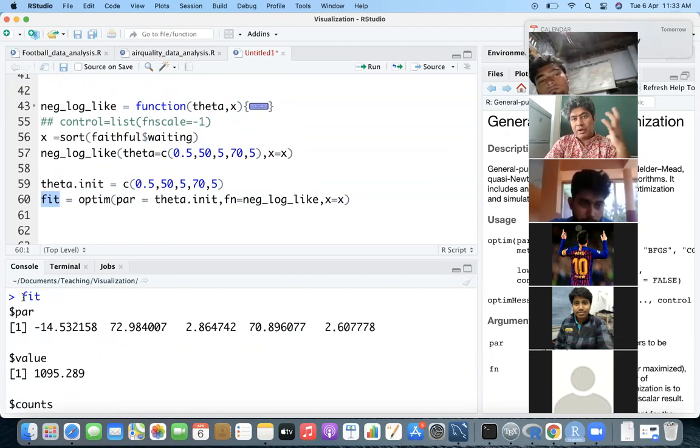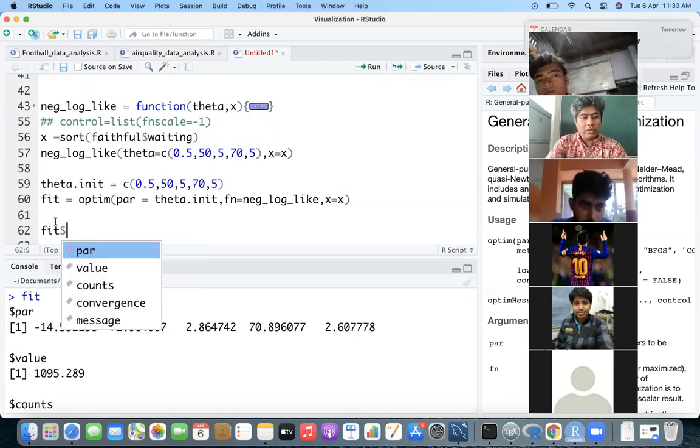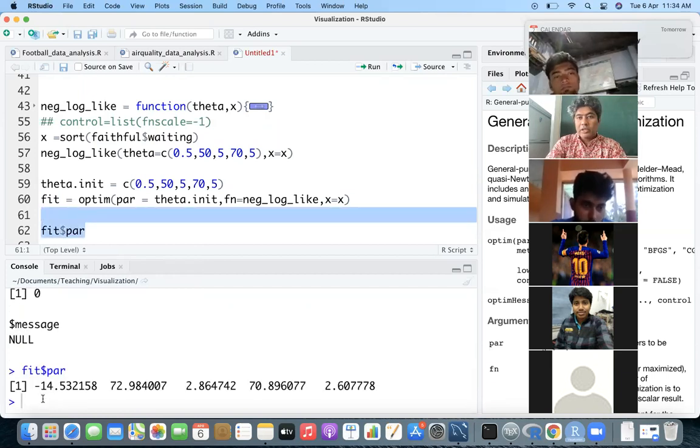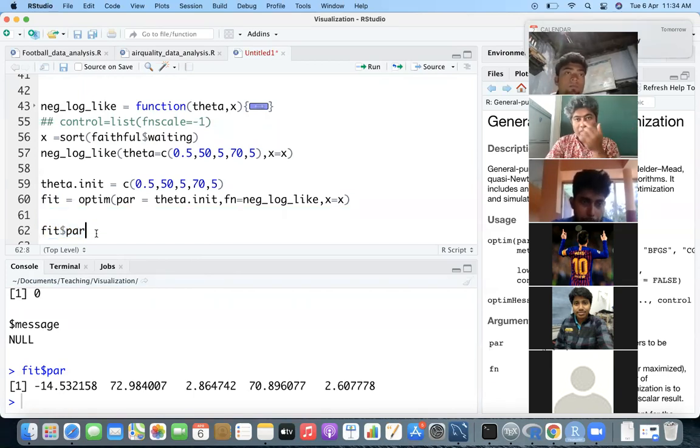From the fit, it's an object. I will extract the estimated parameters, fit dollar parameter. The first one is the P hat, so this will be my theta hat.